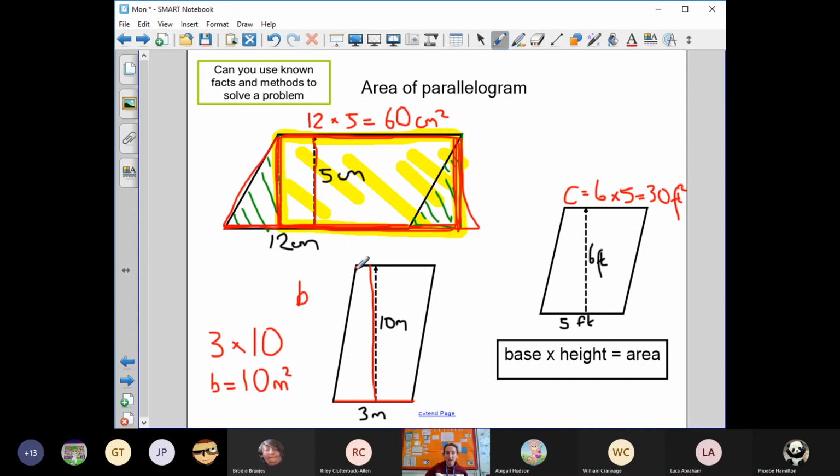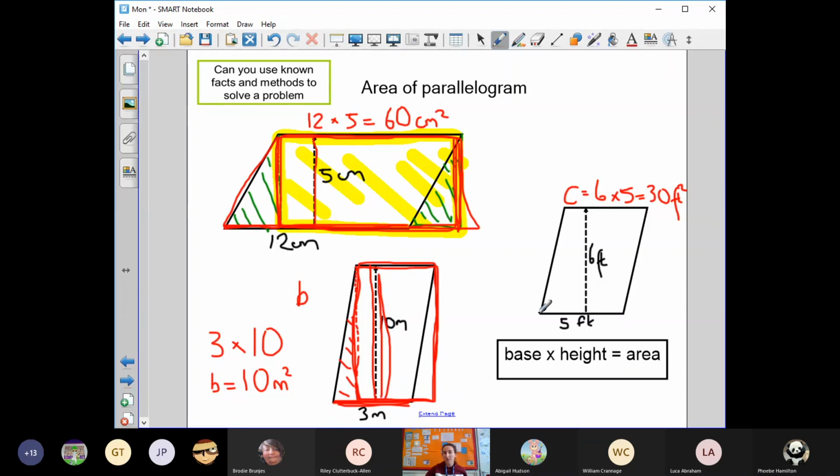So like here, if I draw a line straight from this corner straight down and chopped this triangle bit off here and moved it over to here, then it would make this shape here a perfect rectangle. Okay, and we know that to find the area of rectangles, we do length times width or base times height. So I'm using the base, this bit here, and I'm timesing it by the height, this bit here.